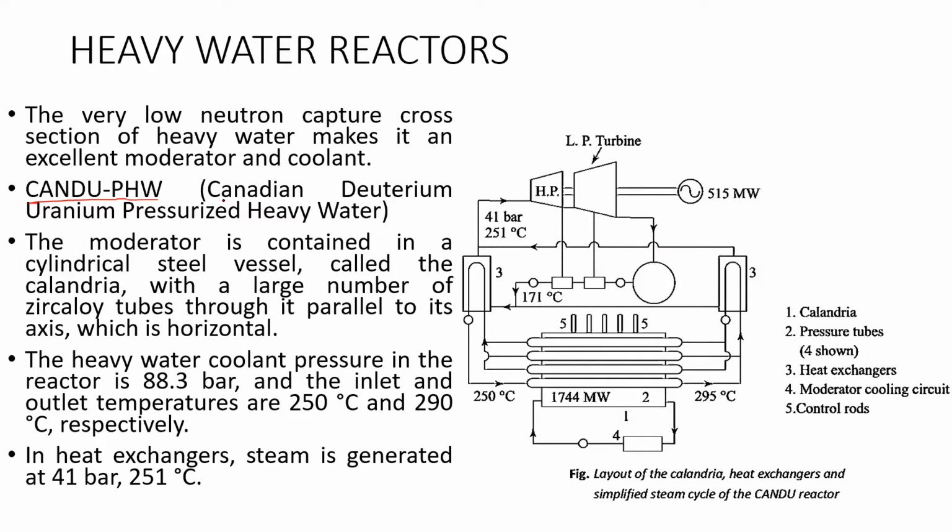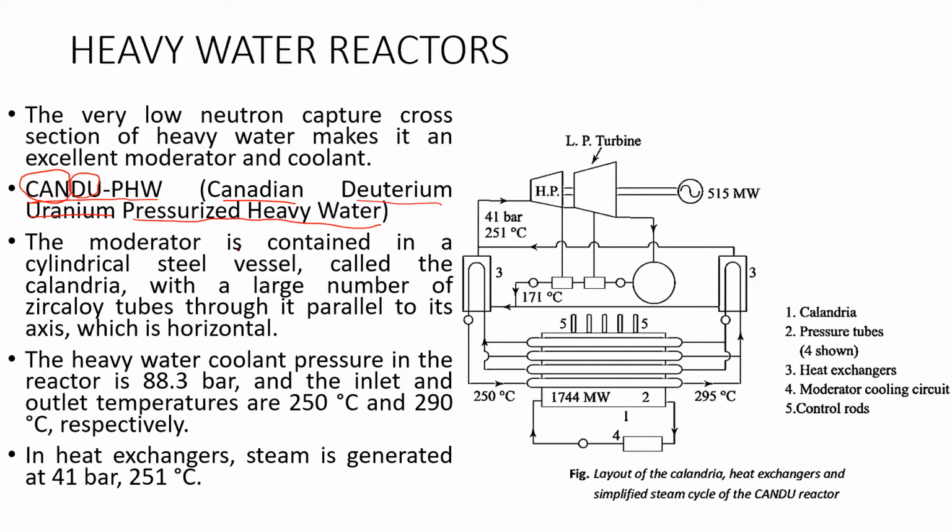CANDU means Canadian, D for deuterium, U for uranium, and PHW means pressurized heavy water. So CANDU PHW means Canadian deuterium uranium pressurized heavy water. It is developed by Canada.